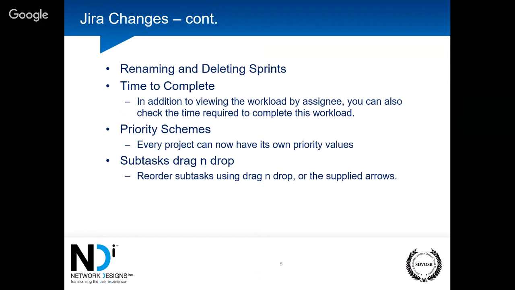The next thing is priority schemes. Priority schemes are pretty sweet. Just like everything else in Jira, you have schemes. Now, the schemes basically are a plan. So you can have a rights scheme, which is the way that the rights will be assigned in your project.